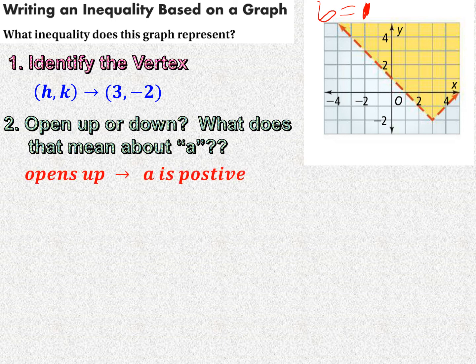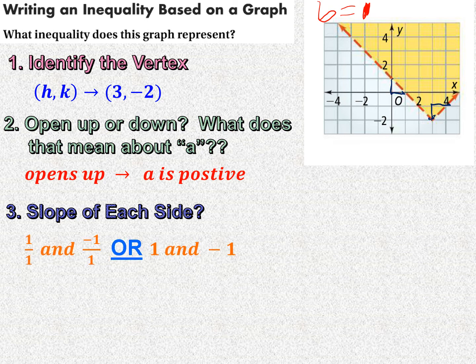That means that a is positive. The next thing we want to determine is, what is the slope of each side? Well, from the vertex, I go up 1 over 1, or if I go to the y-intercept, I go down 1 over 1. So my slope is 1 and -1.